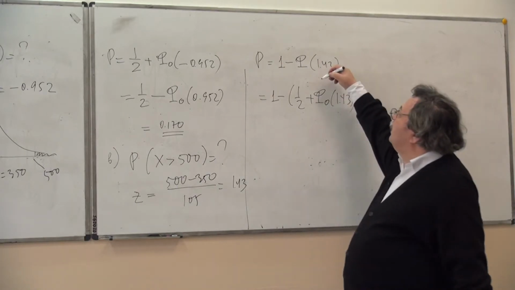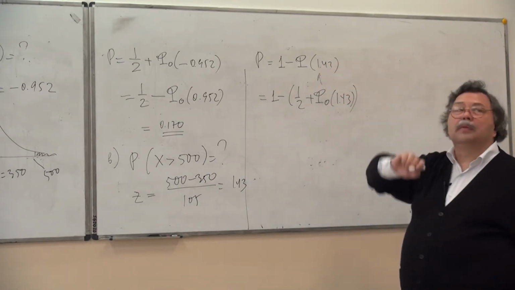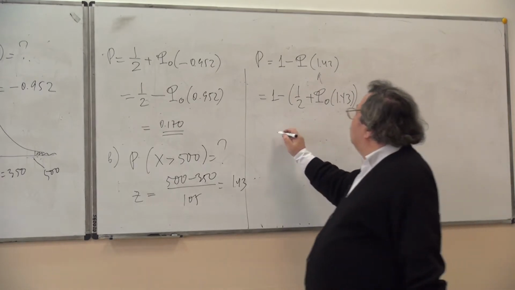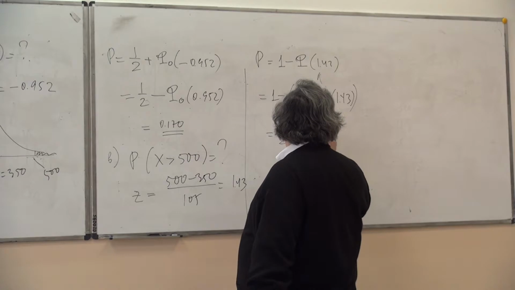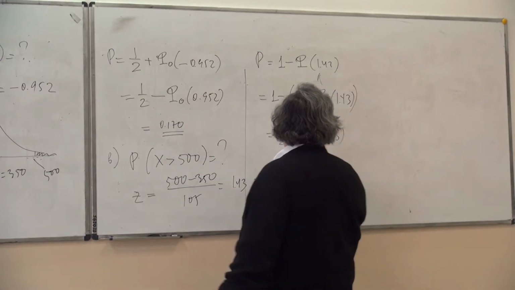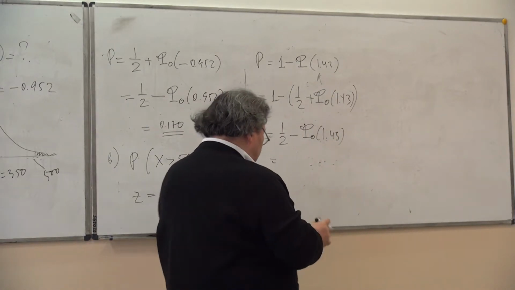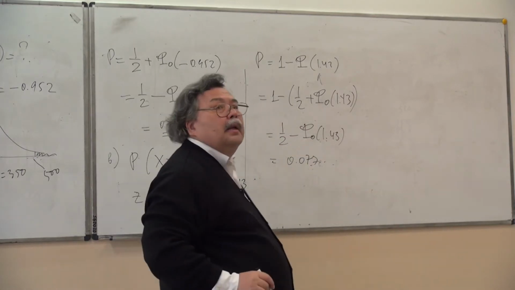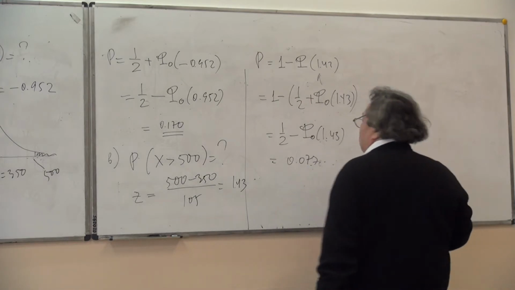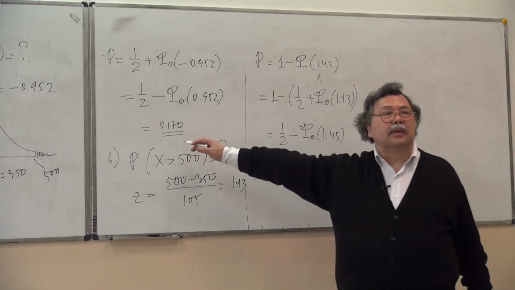Okay. This is substituted for phi here, and as a result we have this formula. Okay, and using the table, this is what we get. As I promised, it's less than this first answer.